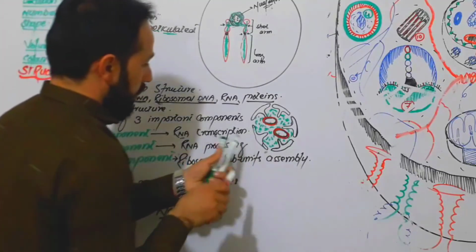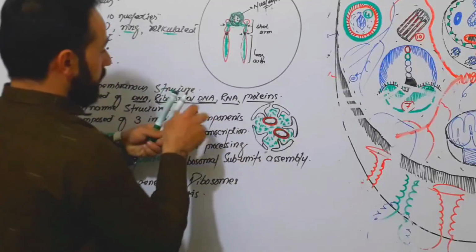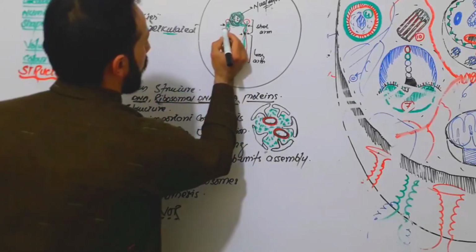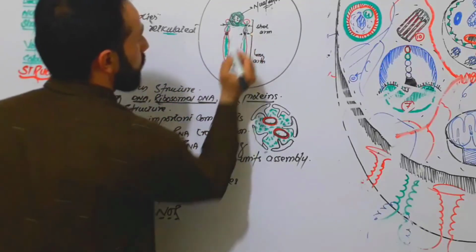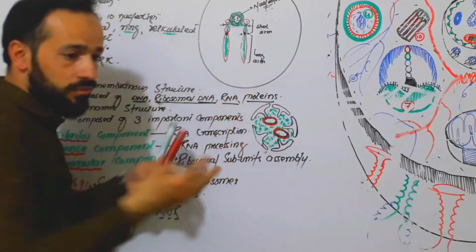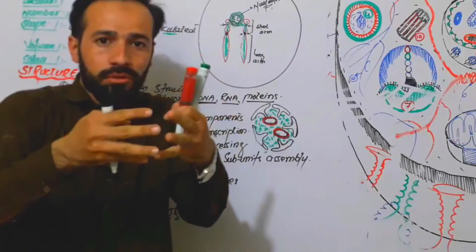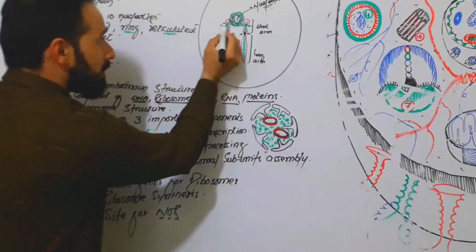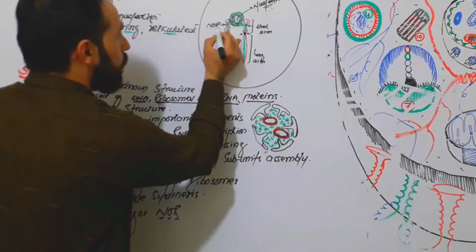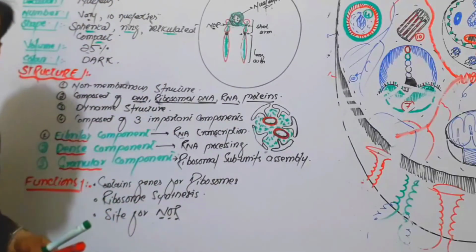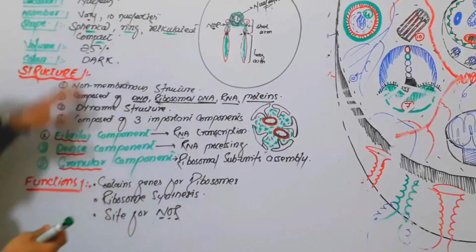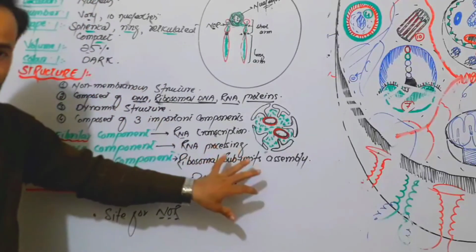Look carefully, friends. We know that here is a constriction in this short arm of this chromosome. The short arm of this chromosome has a constriction from where the DNA comes out and makes the nucleolus. So those constricted points are called the NOR, or nucleolar organizer region, right? So this was about the nucleolus. I hope you like the lecture.